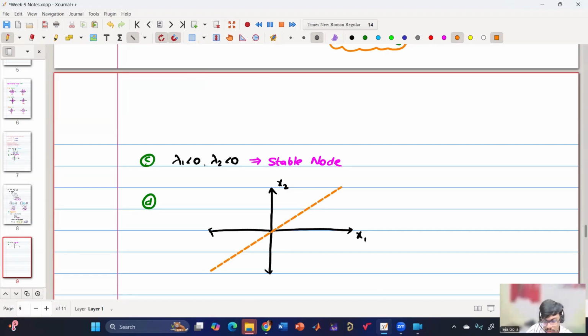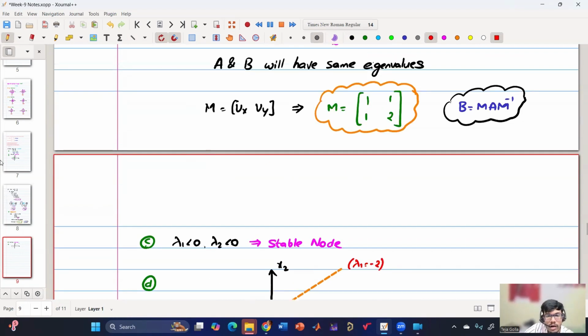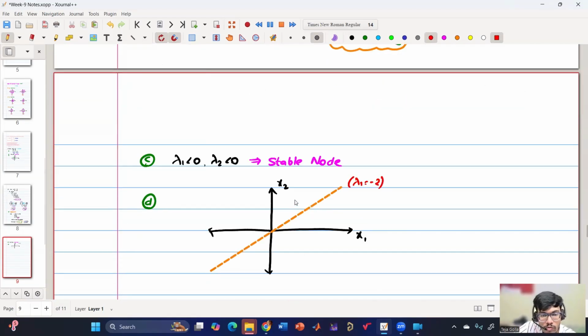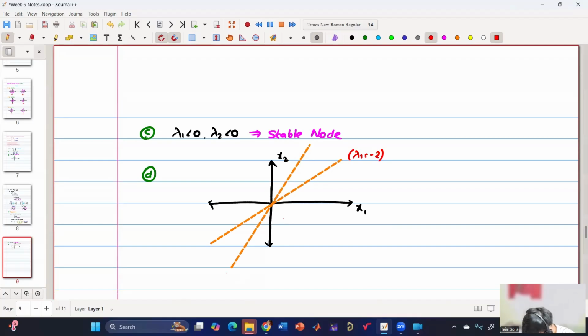So this is corresponding to which one? Lambda 1. This is corresponding to lambda 1, which is -2. Now, if we are passing through point (1, 2), then it will have a little bit higher slope. Yeah. So now this is corresponding to lambda 2, which is -3.